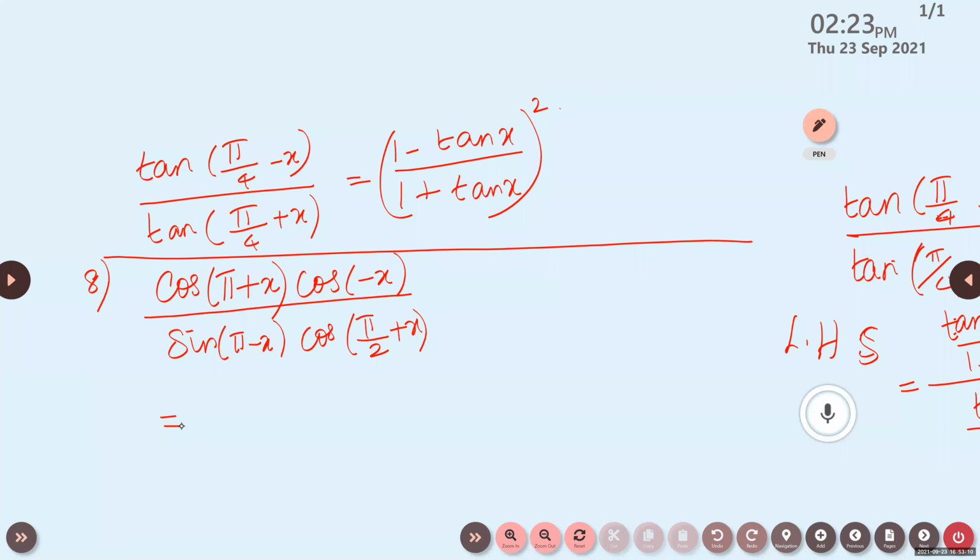Pooja, what is cos of pi plus x? Negative cos x. Negative cos x into, what is cos of minus theta?